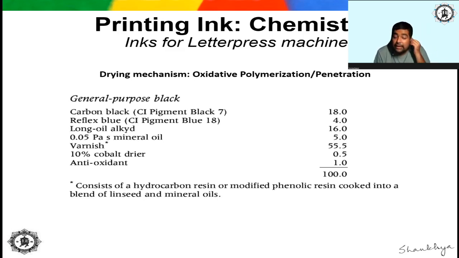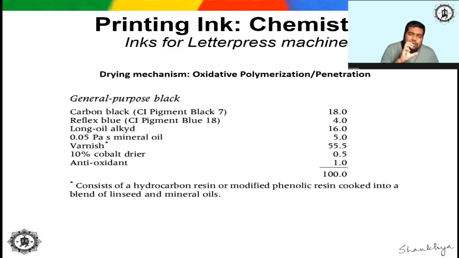Okay, then next we come to the concept of long oil alkyd. I told you previously that resins are cooked inside of oil. So alkyd resin is one type of resin, I already told you, right? I showed you how it is prepared.